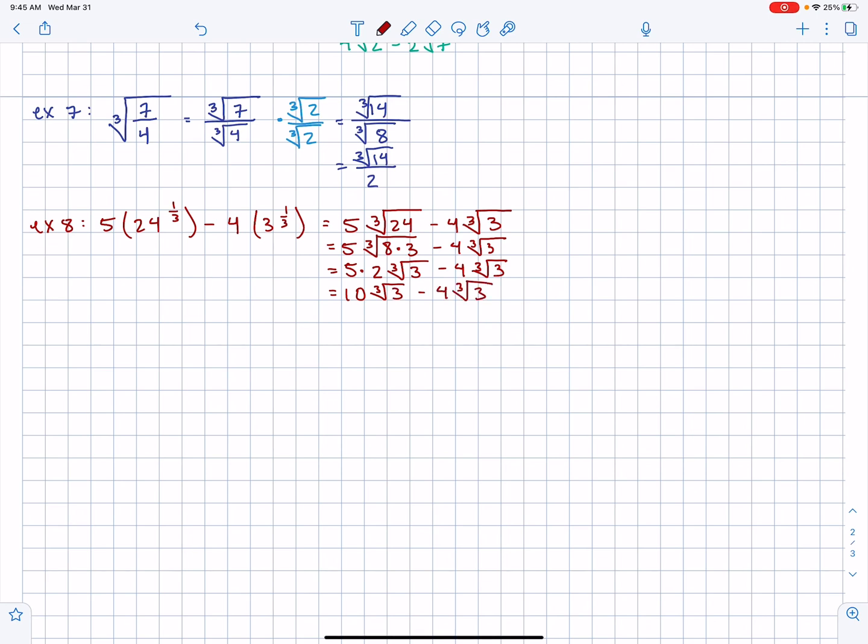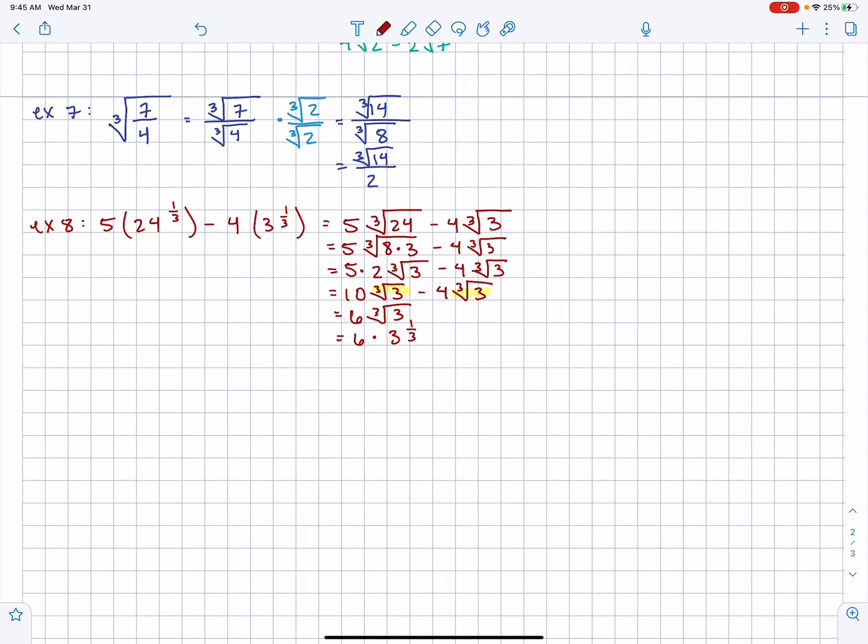And some of the properties of radicals is that we know that if we have the same type of root, we can go ahead and just subtract those coefficients. So final answer here is 6 cube root 3, but I need to leave my answer in exponent form, so 6 times 3 to the power of 1/3, because I was given the problem in exponent form.